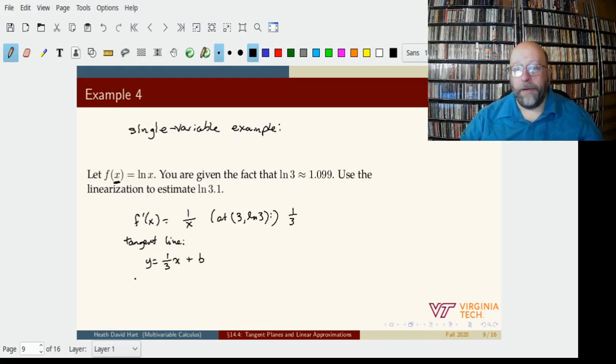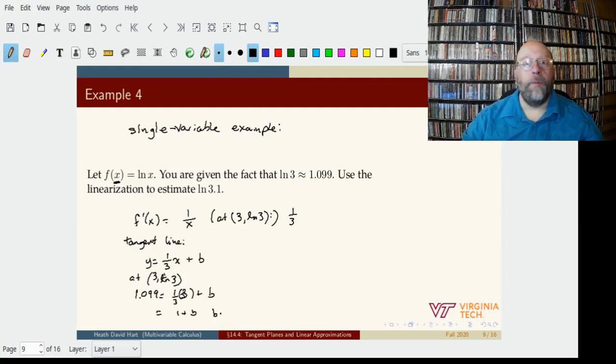We're still at the point 3, natural log of 3. And so we know that natural log of 3 is about 1.099 equals 1/3 times 3 plus b. 1/3 times 3 is 1.